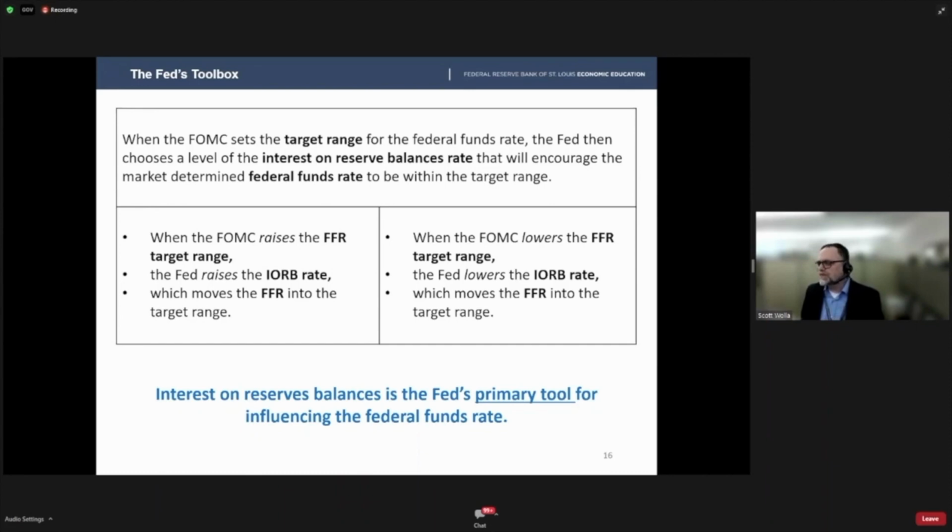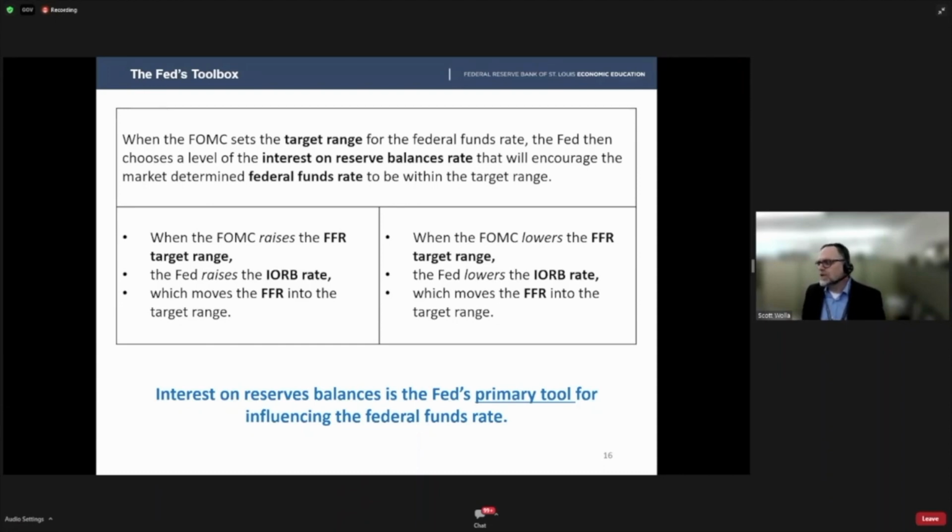Okay, so in summary here in the lower left-hand box, when the FOMC conducts policy by raising the federal funds rate target range, the Fed also raises the interest on reserve balances rate, which moves the federal funds rate into the target range. When the FOMC lowers the federal funds target range, the Fed lowers the interest on reserve balance rate, which moves the federal funds rate into the target range.